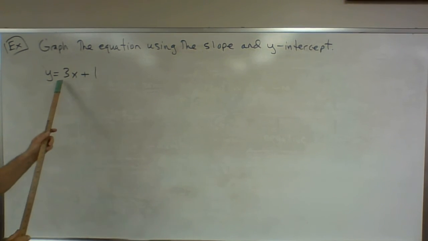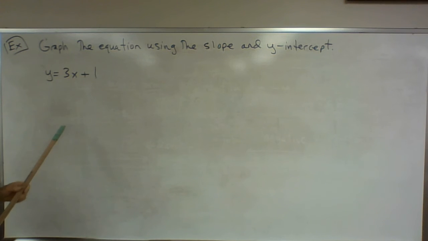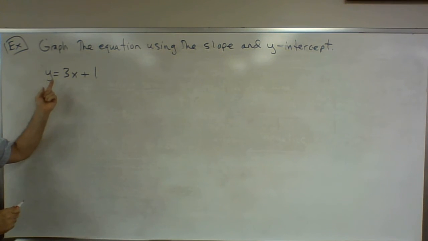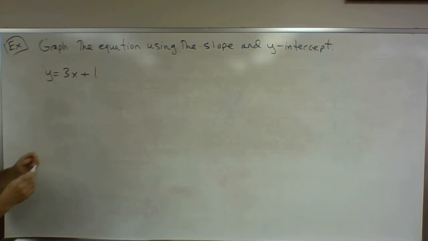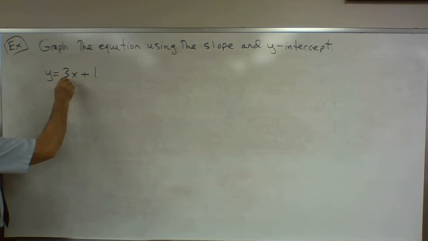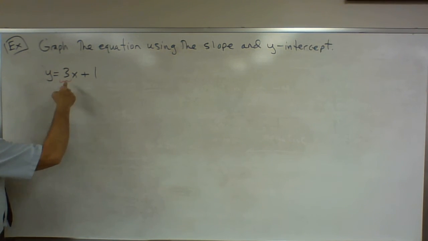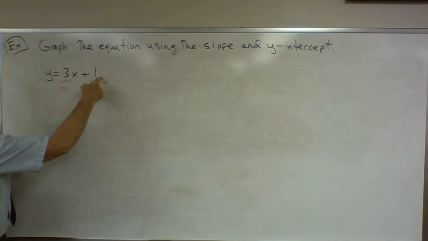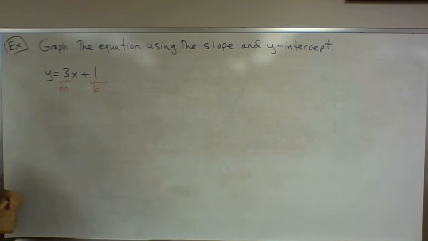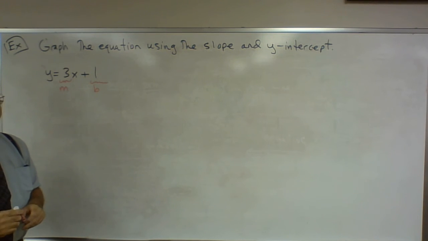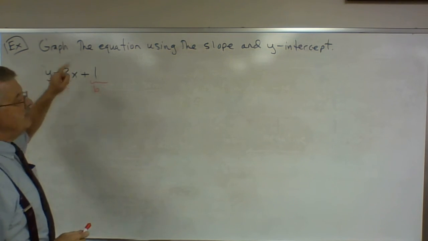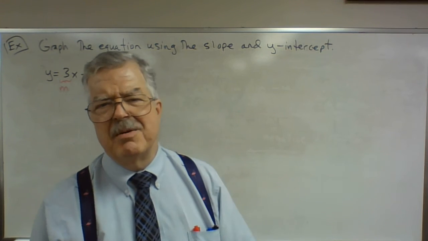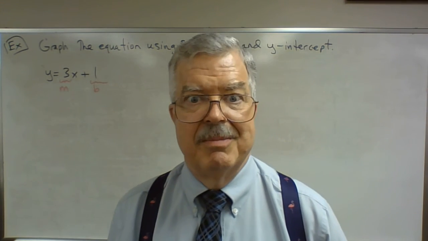And speaking of exercises like this, let's do this exercise. This is in slope-intercept form. M is the slope, so m equals 3. And b equals 1, that's the y-intercept. And we're going to graph the equation, so I guess I had better put the XY coordinate system up there.